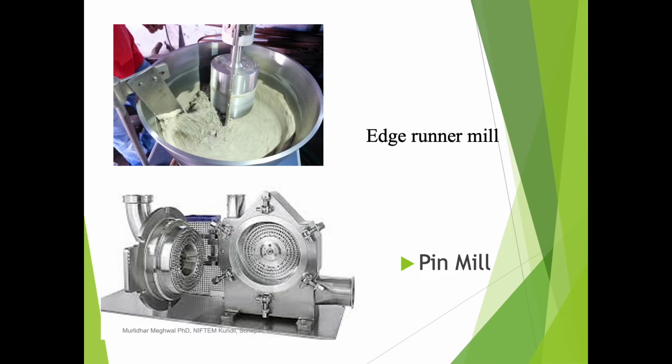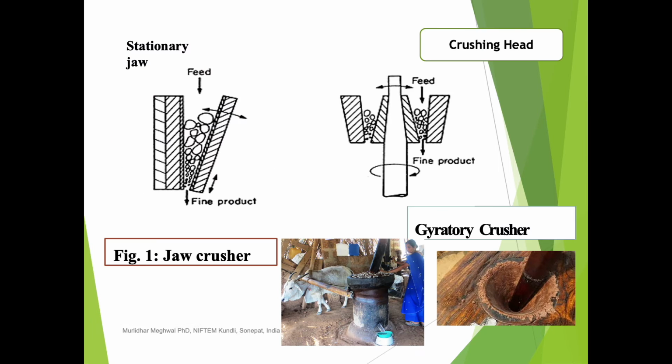The edge runner mill we use for making powder of different types of herbs and spices, particularly in Ayurvedic preparations of different powders for making tablets, capsules and all. Then the pin mill, where we see the different pins, and when these grinders operate, the pins rotate and by the force of impact, shearing or compression, they grind the materials.